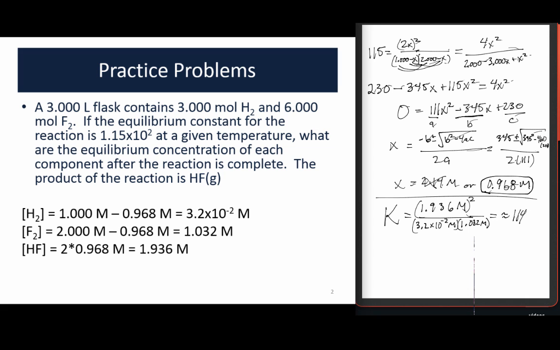Okay, and that's very close to the 115 that's given in the problem. Everything seems to be making sense. So this is the correct equilibrium position. These are the correct values for the equilibrium concentrations.